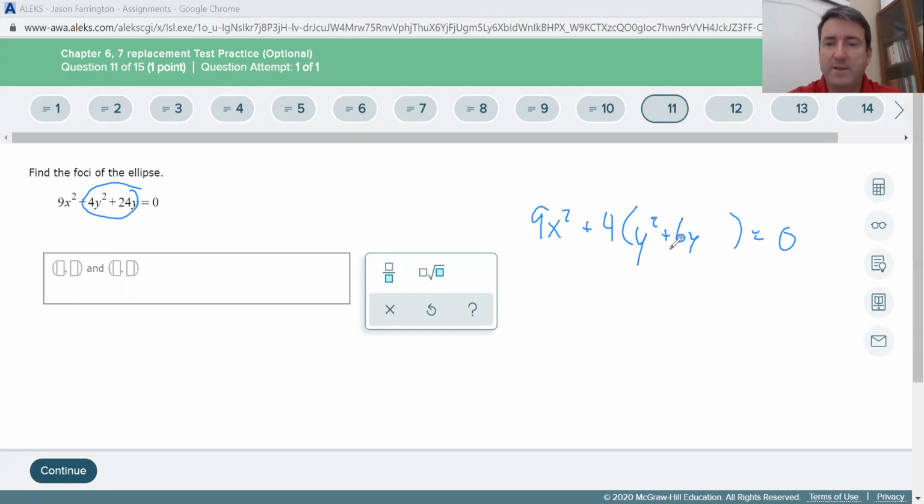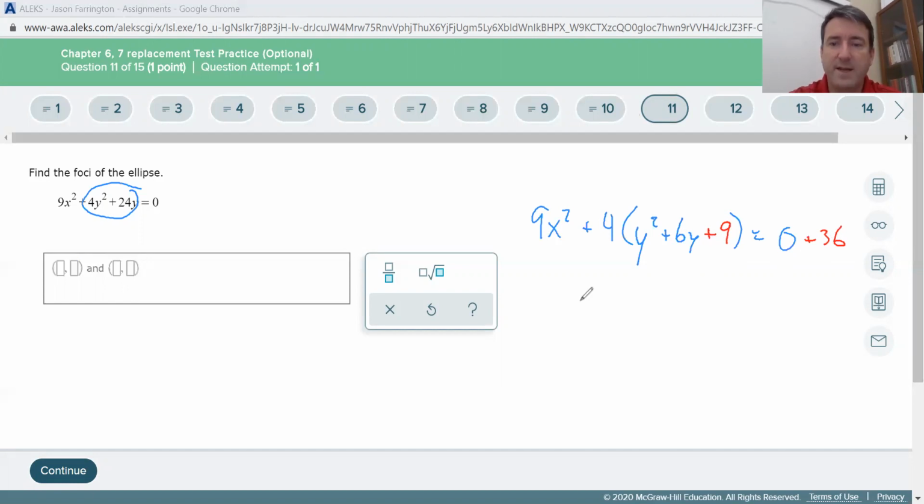All right, so what do we have to add here? Well, we're going to divide the 6 by 2, that's 3, and so we're going to add 9. And so by adding 9 in here, what we've really done is we've added 36 to this side of the equation, because 4 times 9 is going to be 36. And so we have to add 36 to the other side of the equation.